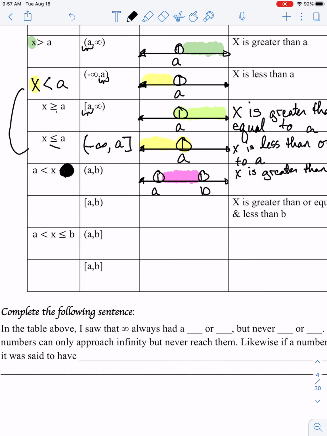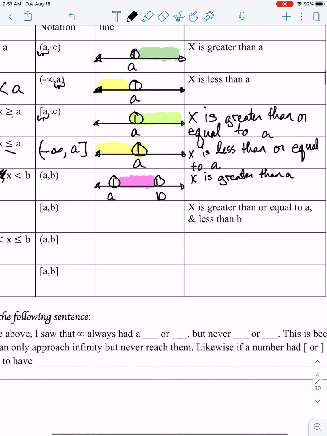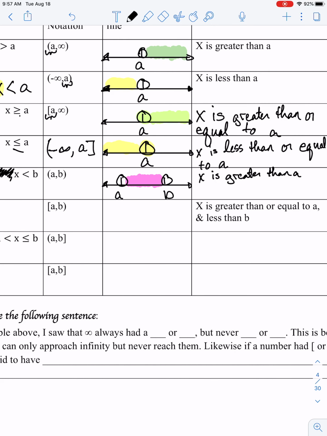So X greater than A. But X is less than B. Okay, so X is greater than A, and X is also less than B.